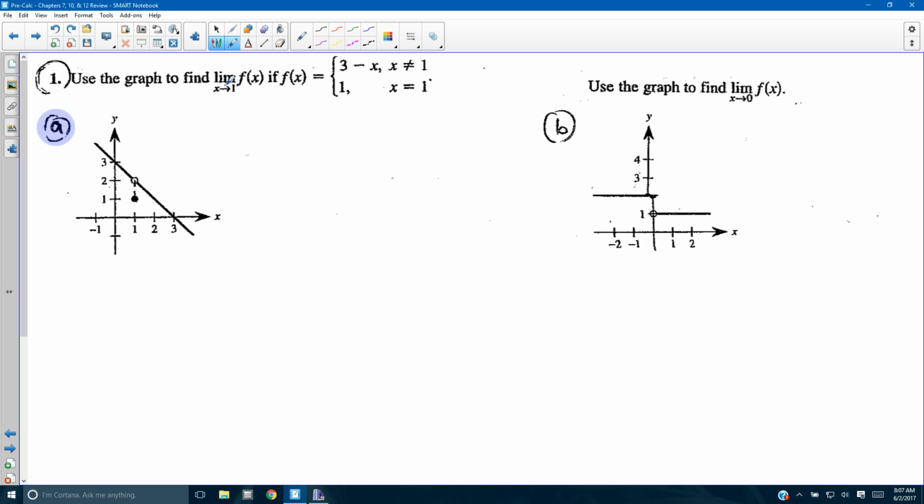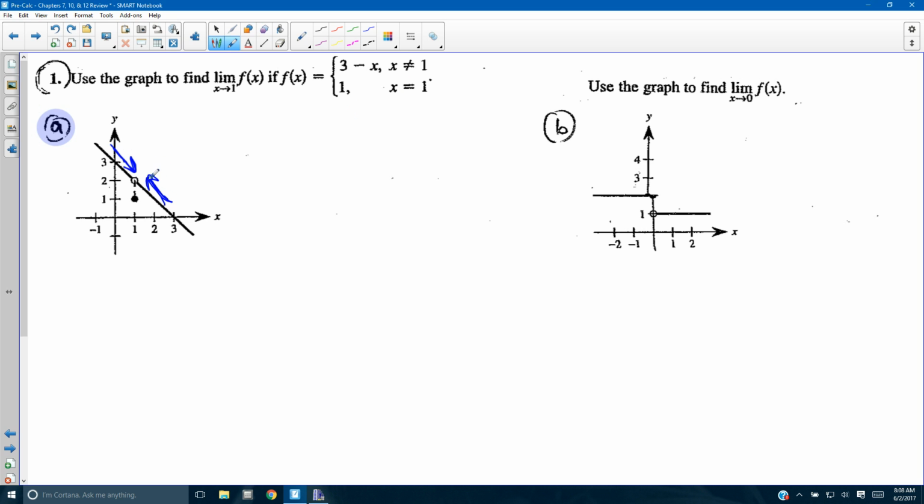But we're going to see what the limit is as x approaches 1, meaning coming from the left and the right side of 1, what is it closely approaching here? So the equation says one thing, the graph says another thing here. When you plug in 1 for x, the defined value is 1 for y.